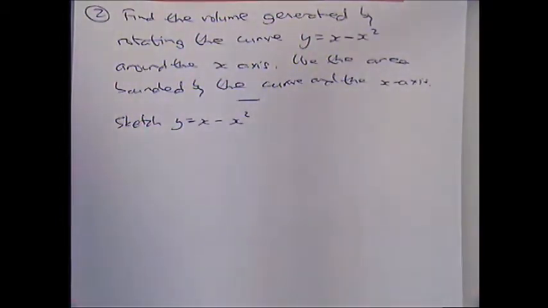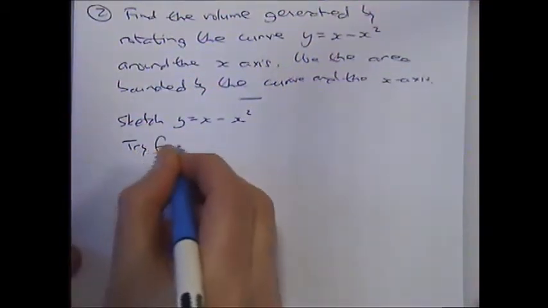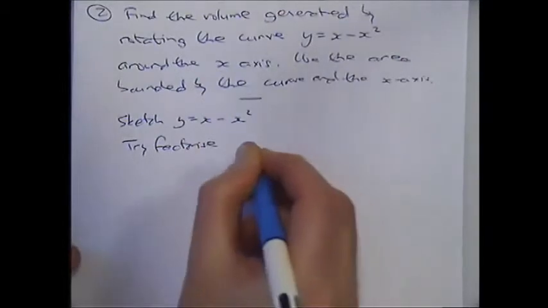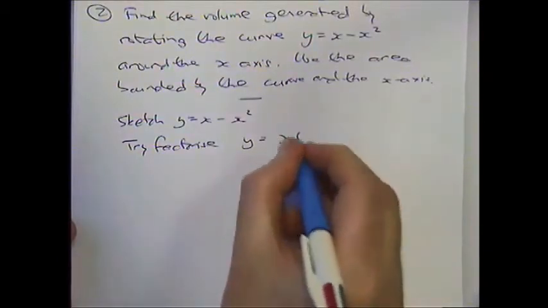Could we rewrite it in any way? Okay. Factorising is a good thing to try, yeah. If you try to factorise it, what will we get if we factorise it? x(1 minus x). Yep.